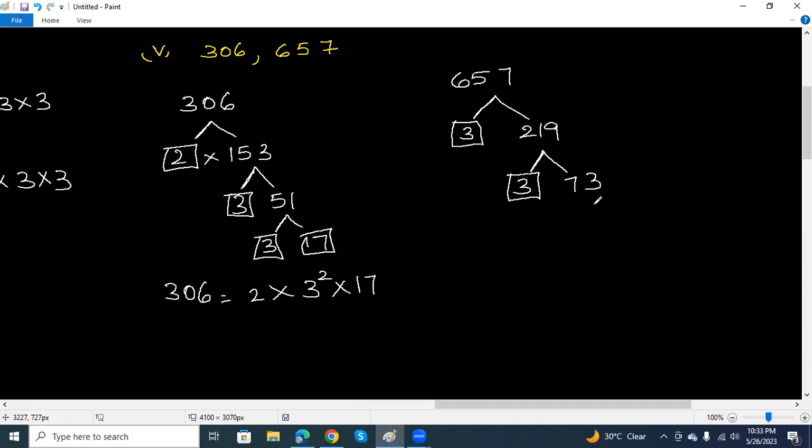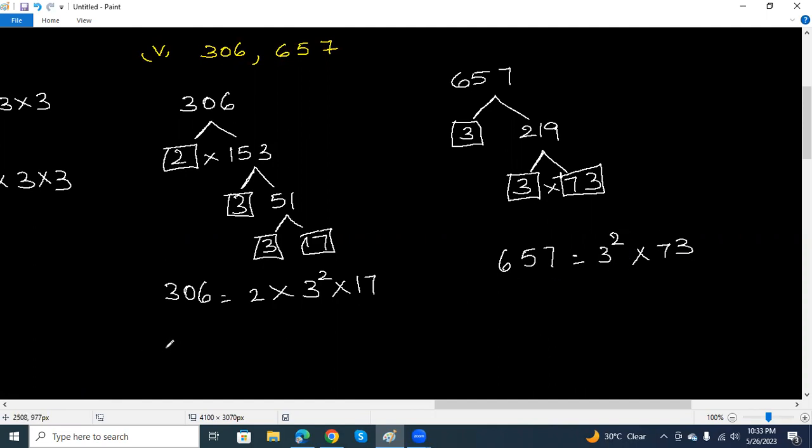So this 73, nothing goes. 73 is a prime, right? So we'll stop dividing. So 657 can be written as 3 square into 73. Am I right?